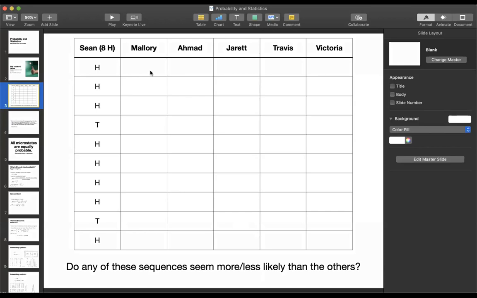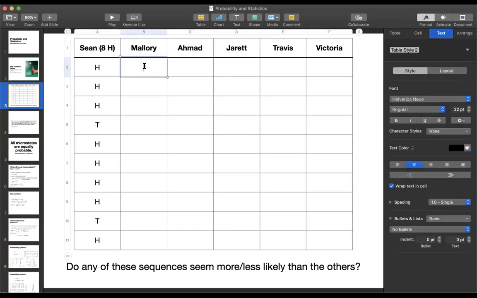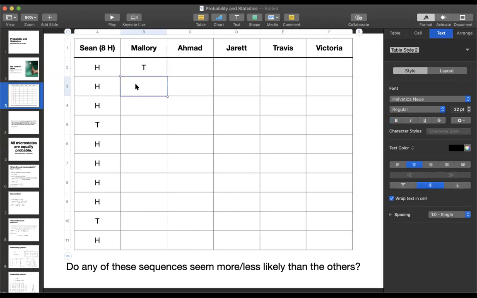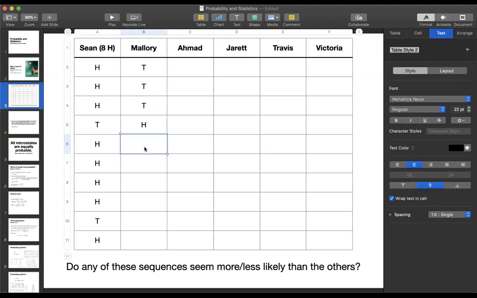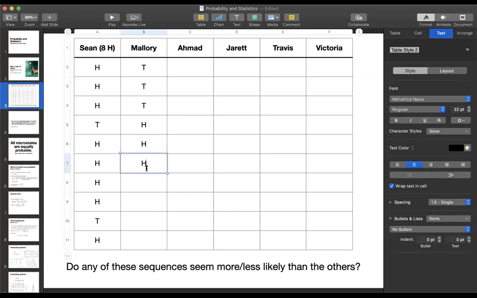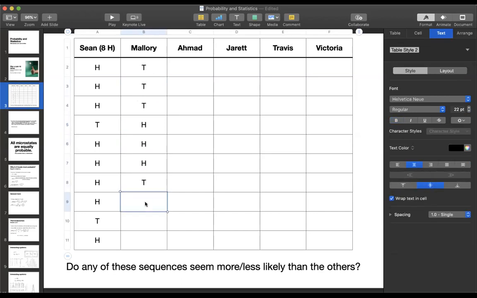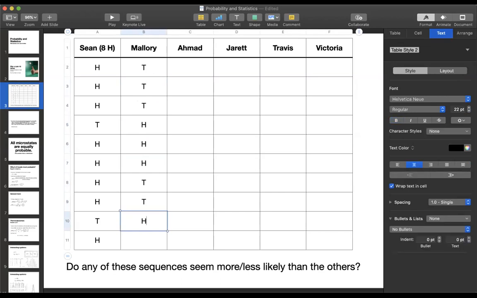All right, so whoever gets done first, you can go ahead and unmute yourself and let me know your results. I got tails, tails, heads, heads, heads, and then tails, tails, and then heads, heads.